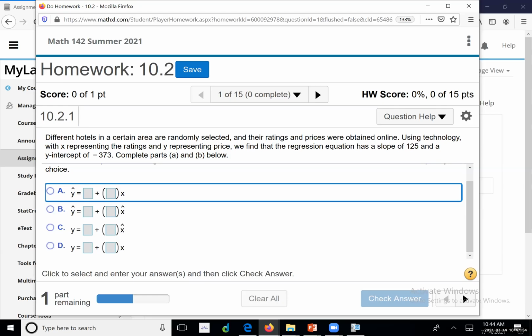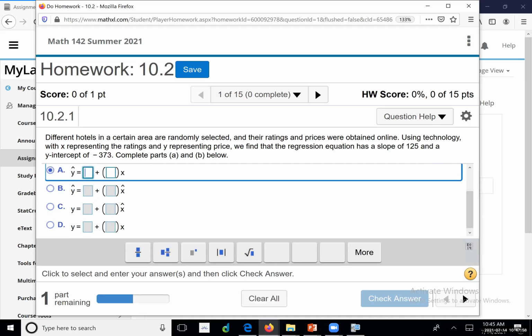Some of these are so easy. It's just saying to select which one is a good model. So y hat is equal to something plus something times x. And then you fill it in. Slope of 120 and y-intercept of negative 373. Whatever goes first is the y-intercept.